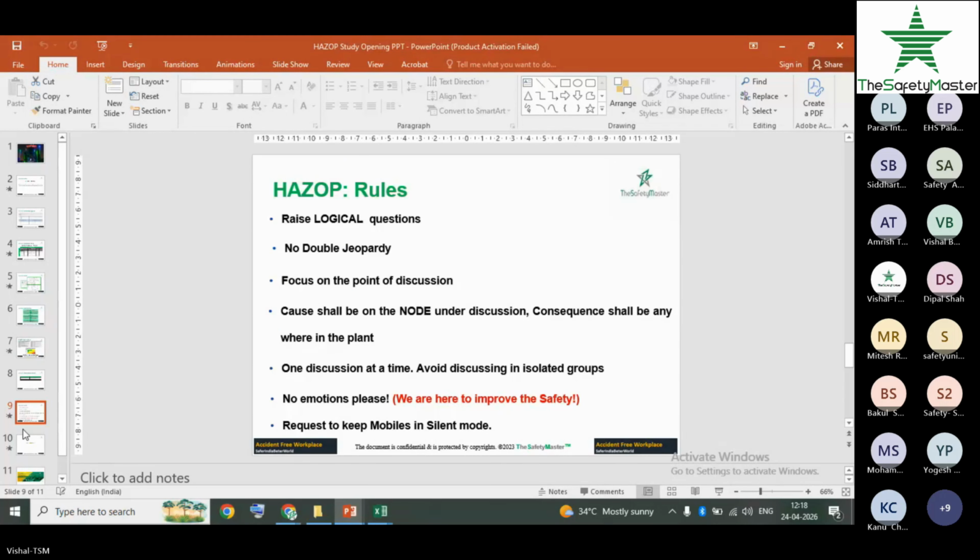One more thing that is also very important: no emotions, please. What we usually see is that if we point out some deviations in one department, they take it personally. Things get out of hand. They get hurt emotionally. So we have to keep that in mind. We are doing all these things for process safety.